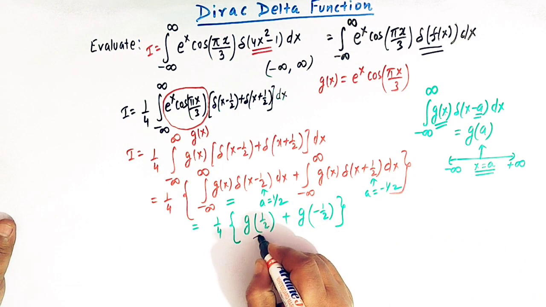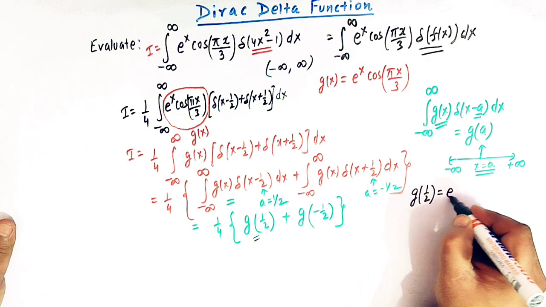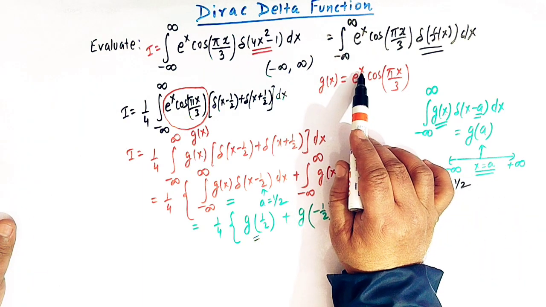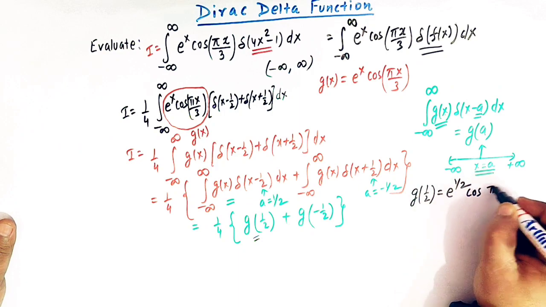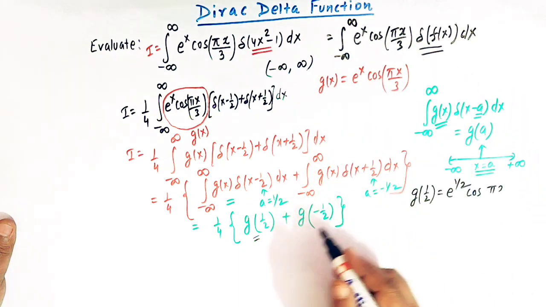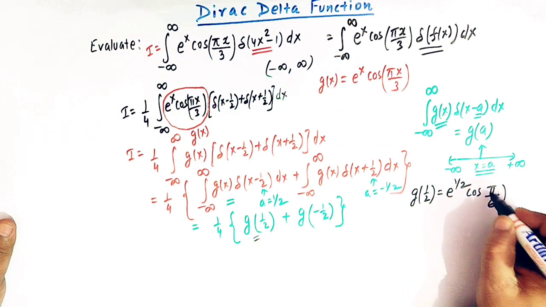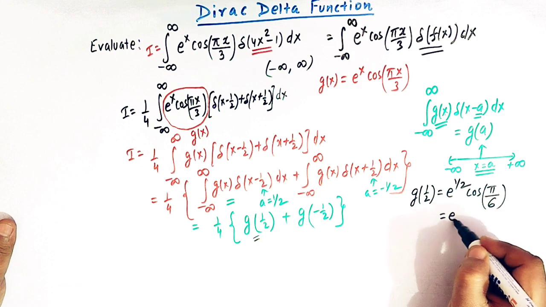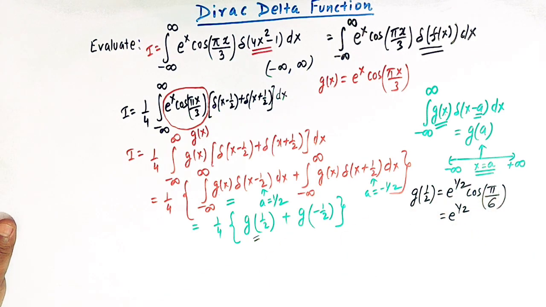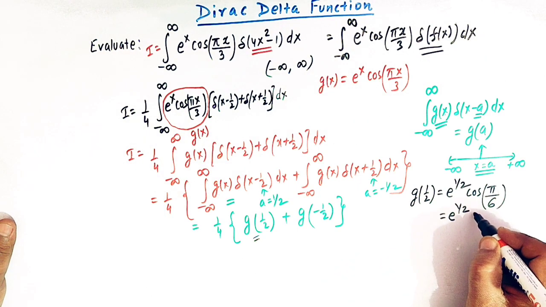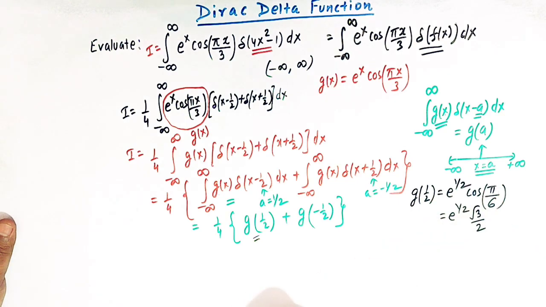So now g of half is equal to e raised to half. Here we'll take x is equal to half. Then cos of pi x, that is with x is half, we have simply pi over 6, right? And this is e raised to half, and cos pi by 6 is cos 30 degrees, which is equal to square root of 3 over 2, right?